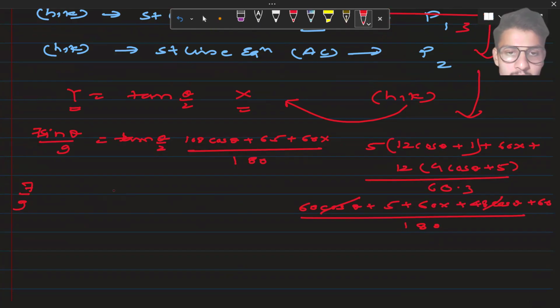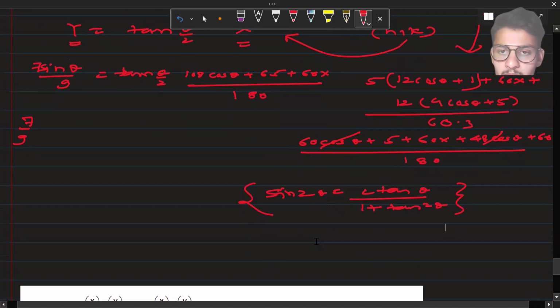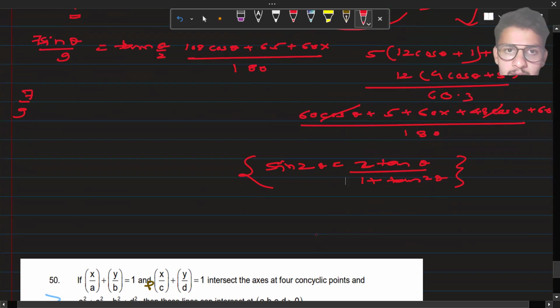So sine 2 theta, do you know sine 2 theta? Sine 2 theta is 2 tan theta upon 1 plus tan square theta. I already said that trigonometry will be used in it. So this formula you can remember, sine 2 theta is 2 tan theta upon 1 plus tan square theta. Okay.